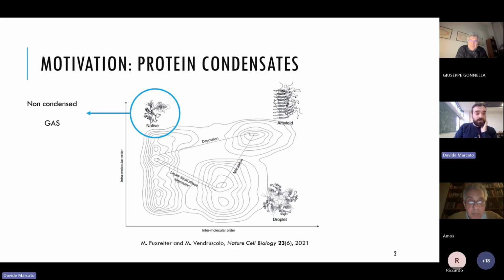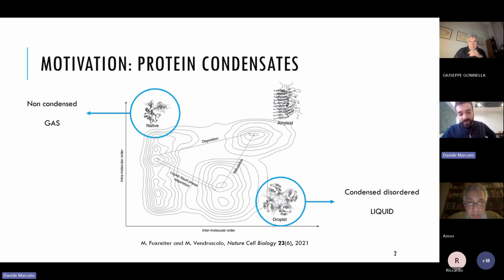But then, contrary to what was the common belief, this is not the only state in which you can find proteins in a living cell, because you can also find them in condensed phases. For example, you can find them in droplets, which are a condensed phase characterized by disorder. There is no specific structure to any of the proteins participating in the droplet, and for this reason it resembles a sort of liquid.